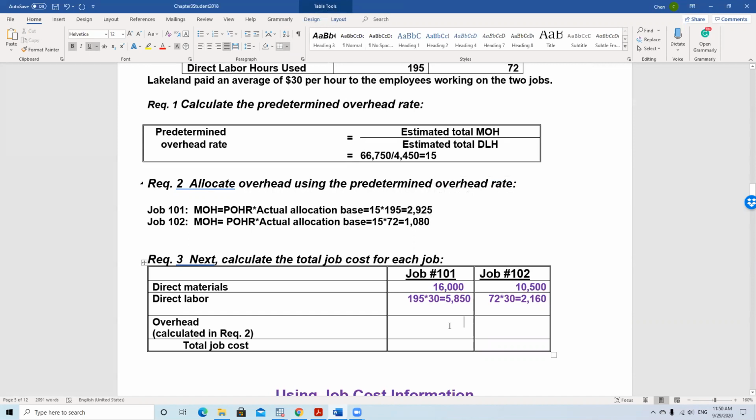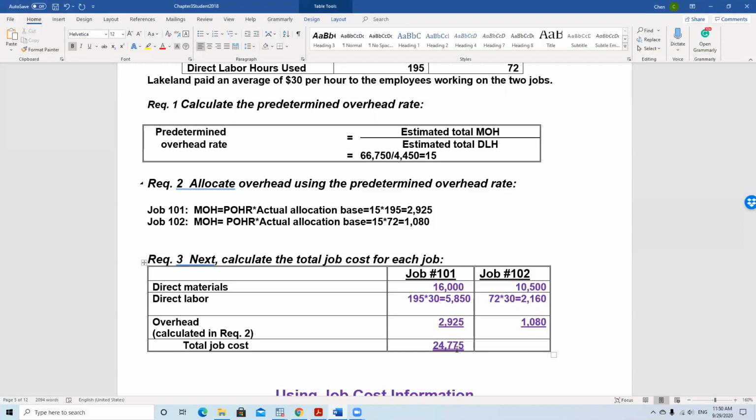For job 101 is 2,925, and for 102 is 1,080. Then you're gonna do a total of these three. Then you have your total job cost. Okay, so 16,000 plus 5,850 plus 2,925, 24,775.